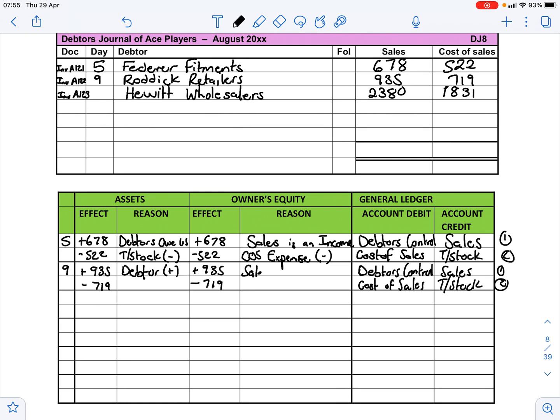And sales is an income, which is also increasing. We then have cost of sales, which is our expense, which decreases owner's equity. And we have trading stock, which is being sold, which decreases our asset.